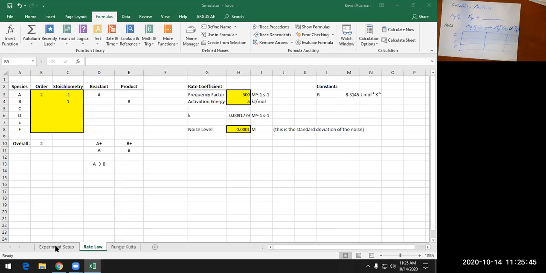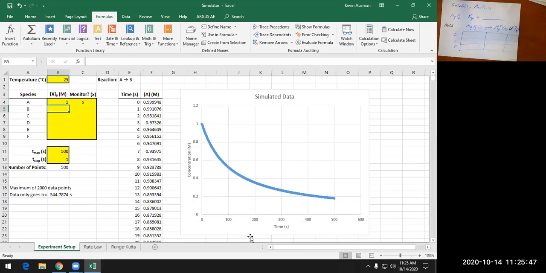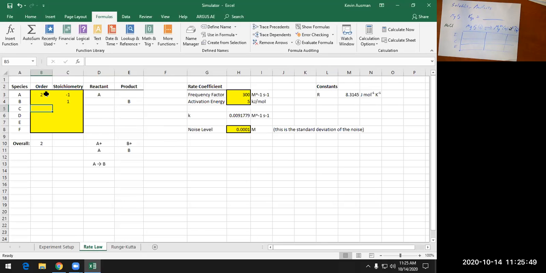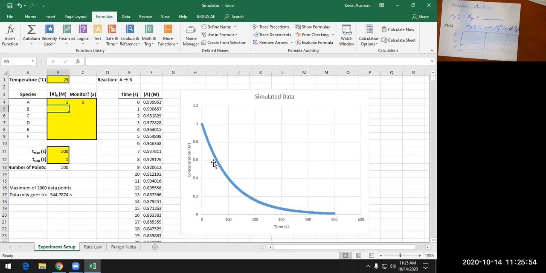All right. So right now what we have is an example reaction that is currently listed as simple first order. And in the tutorial video, I talk you through how to take this data, put it into your own spreadsheet, and then do an analysis of it.